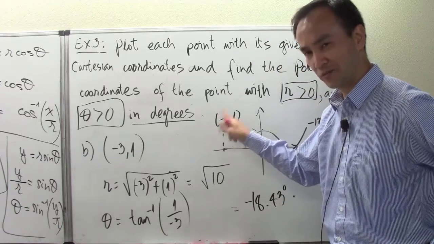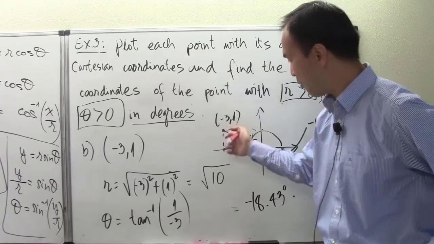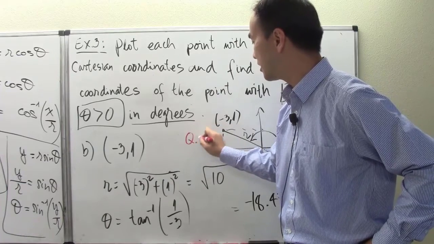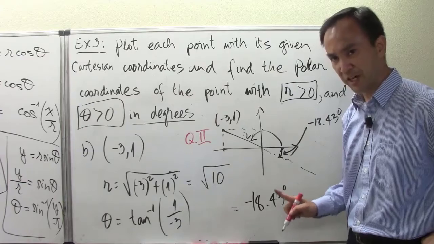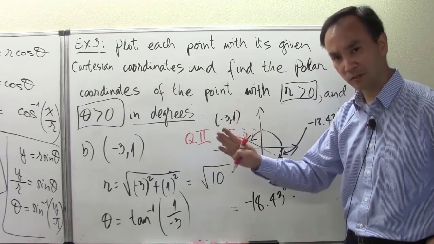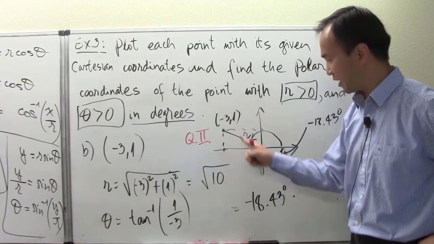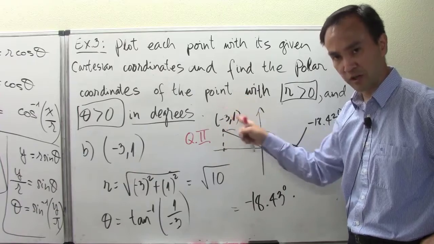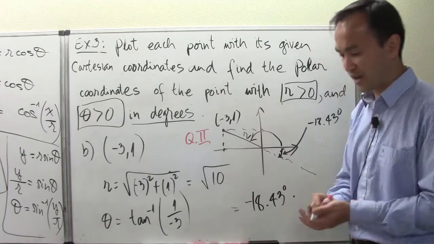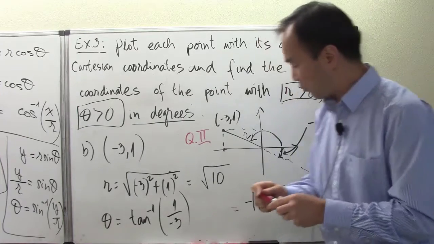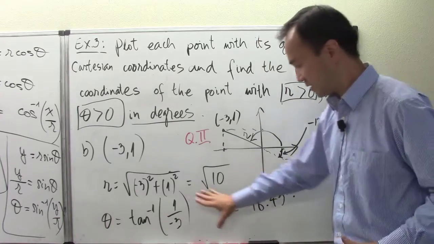Unlike part A, our point here is in quadrant 2. So this is the trick we will do anytime we're trying to find a polar coordinate representation when our point, once plotted, is in quadrant 2. We have to add to our negative angle, because it's just the way it is.